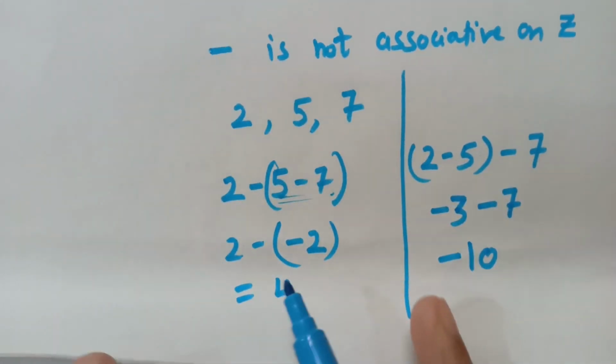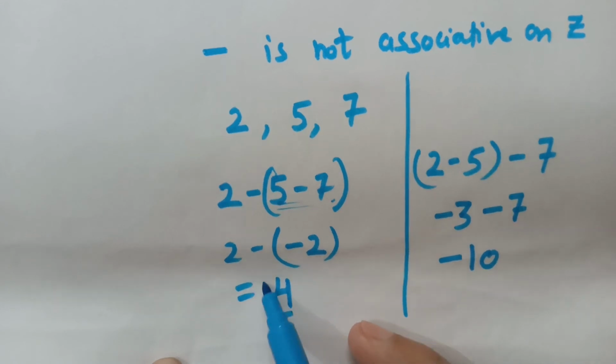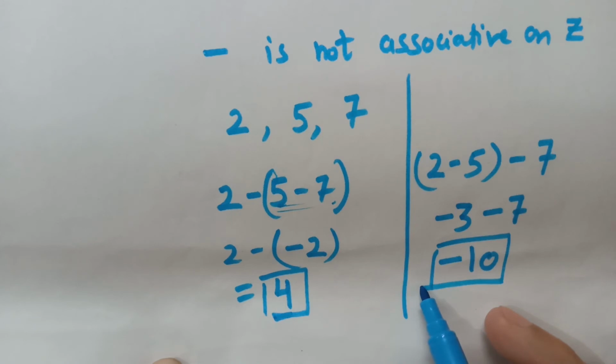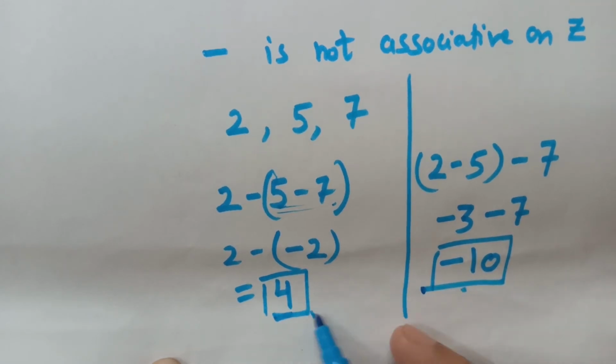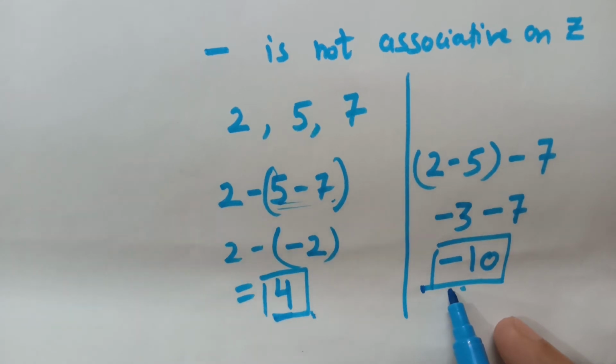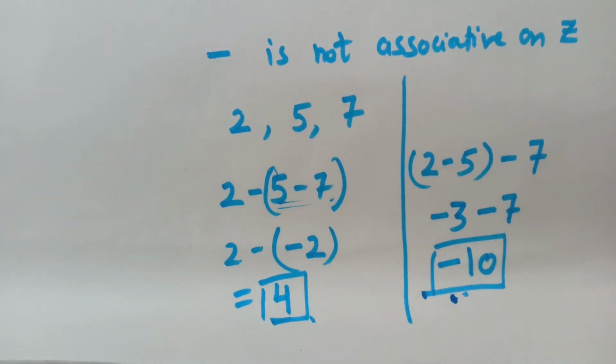So for the left hand side we have 4, and for the right hand side we have minus 10, and these two are not equal. So therefore subtraction is not associative on the set of integers. Clear?